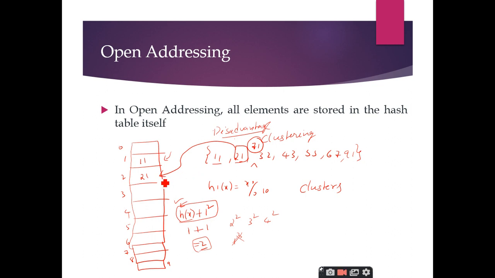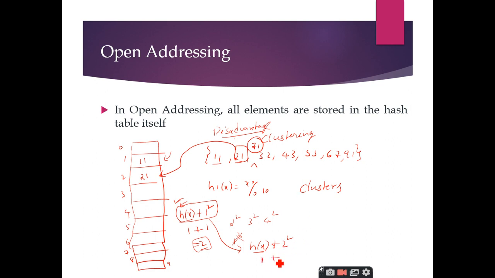It is already occupied. Now it is not the same formula you have to use, because you have the second collision. The next formula you are going to use is h of x plus 2 square. What is h of x that is generated? 1, sir. 1, right?